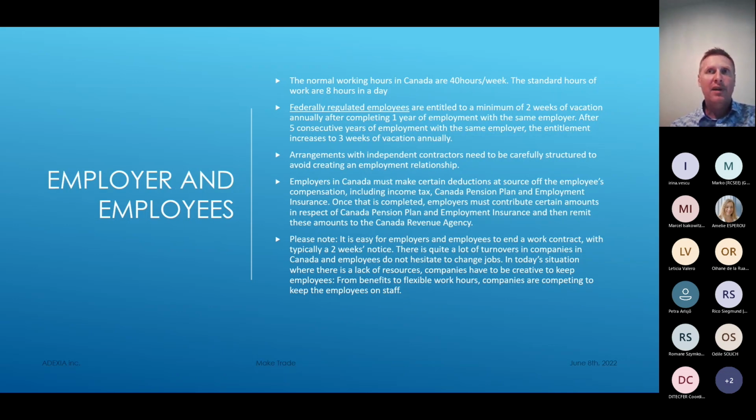Because if there is, you can become responsible for paying some taxes for your reputed employee, even if they're not on your payroll. If it's determined that the relation is an employee-employer relation, you're going to be forced to pay some taxes, and they can go back if they consider that the situation has lasted for 1, 2, 3, or 4 years.